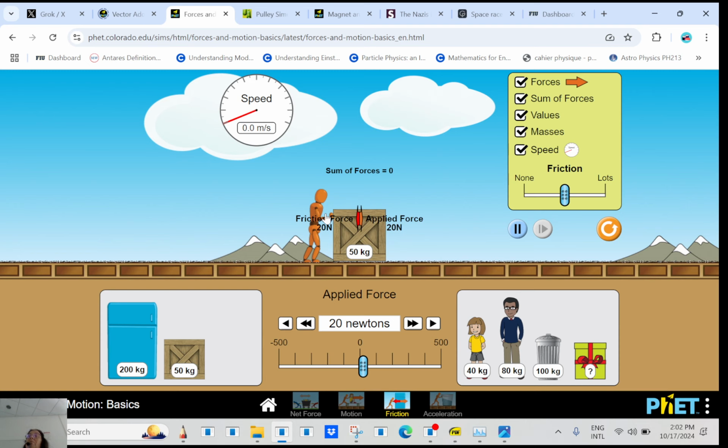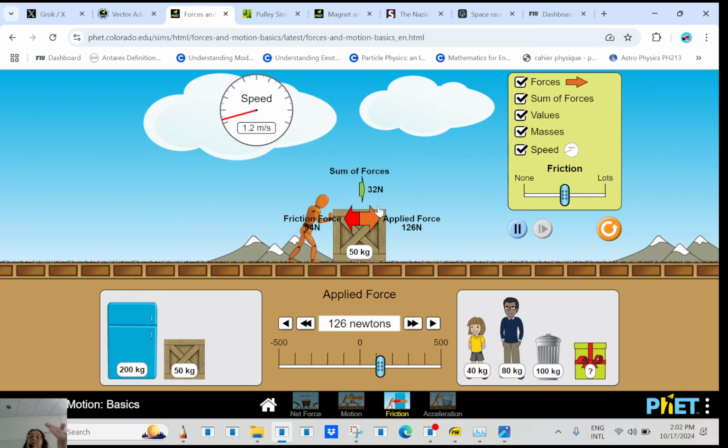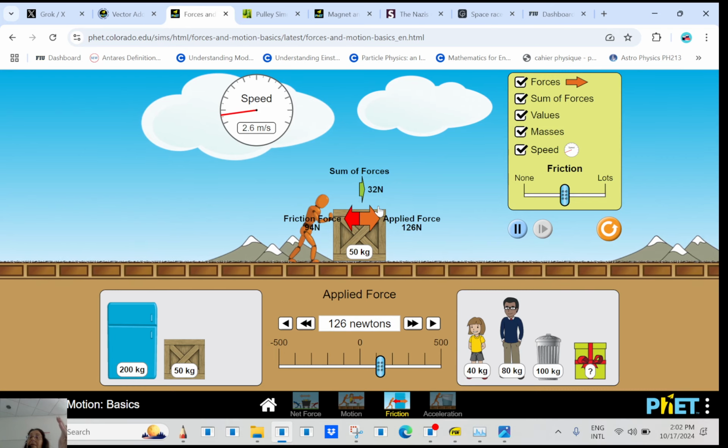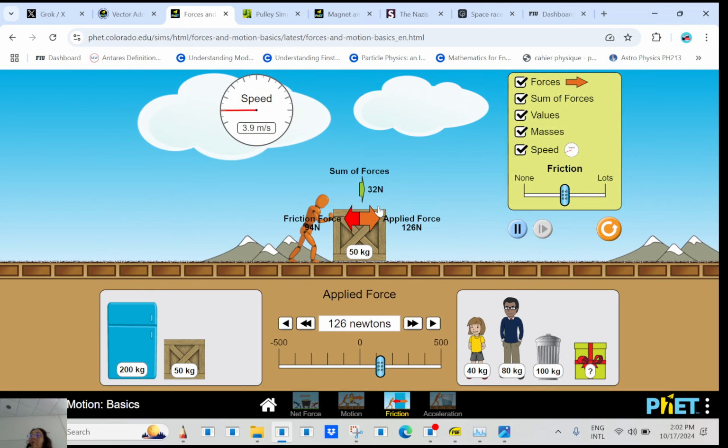You push, it's going to push back. You push harder, it's going to push back harder until you reach a maximum. When you overcome that maximum, it's going to be about 120 here or 121, but 125 Newton, it's going to be the maximum. Then it's going to start to move.